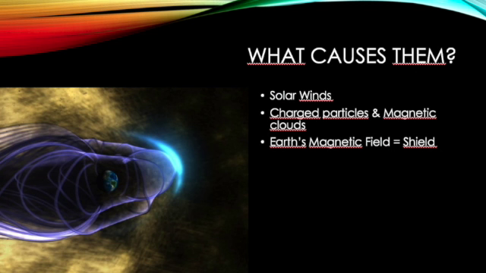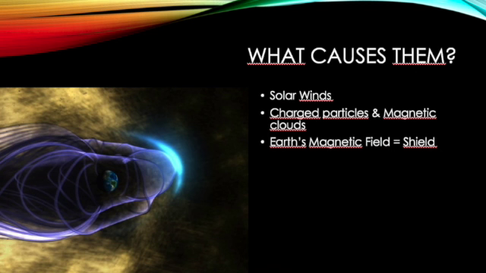Well, when a solar wind reaches the Earth, it carries charged particles and magnetic clouds. This would be enough to cause massive radiation on the surface of the Earth, and obviously that would be pretty dangerous.